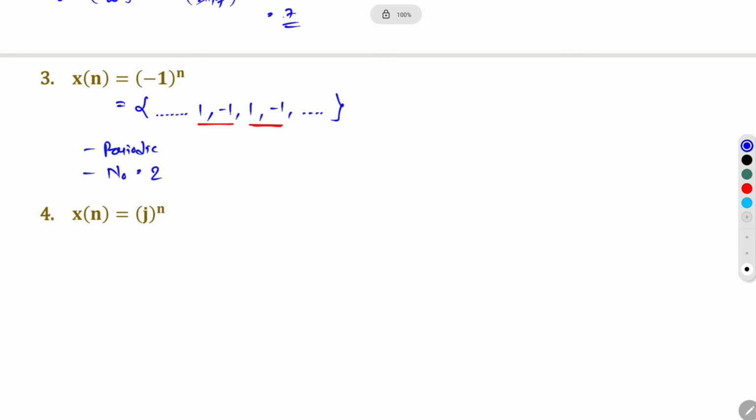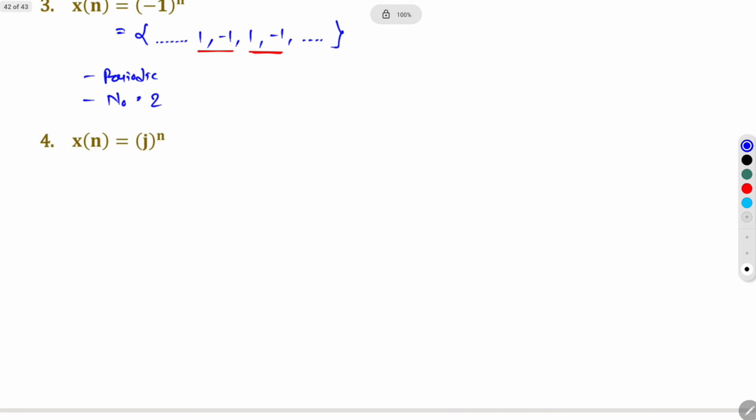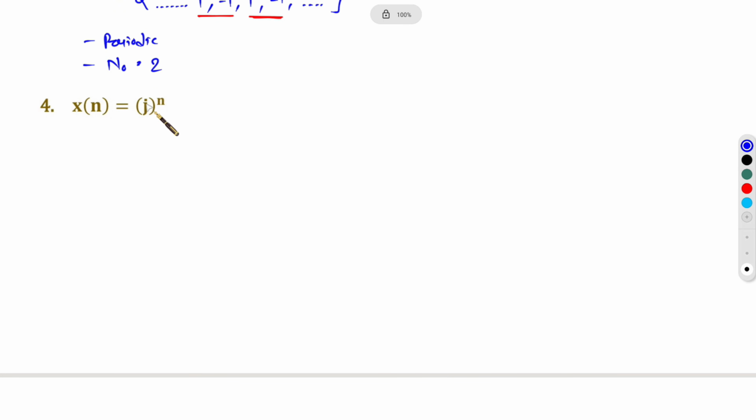Now let me explain the last signal. See here, the signal is j to the power n. Now to understand this, let me explain the standard form. If you have e to the power j theta, then that is cos theta plus j sin theta, right? That one should know.